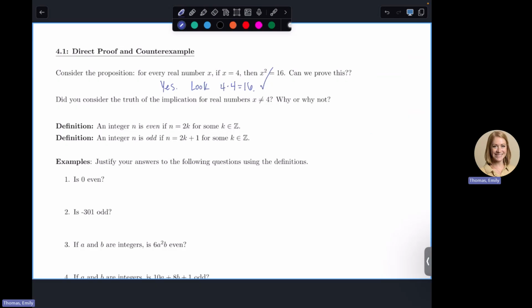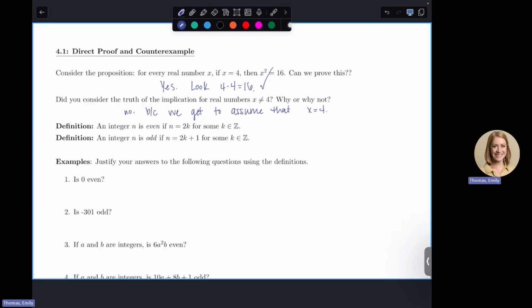You can do that, or you can write 4 squared. Okay, did you consider the truth of this implication for numbers that are not equal to 4? Why? Yeah, we did not. Because we get to assume. I'm too lazy to check every single number. Fair.